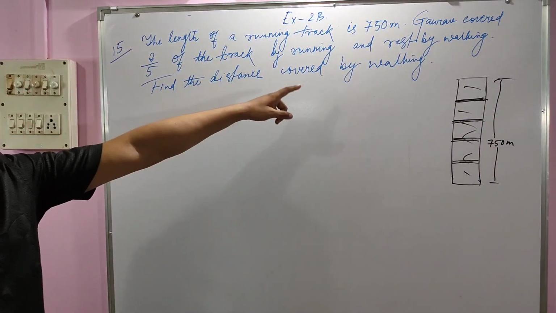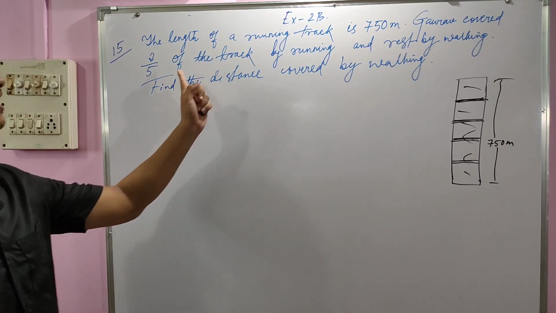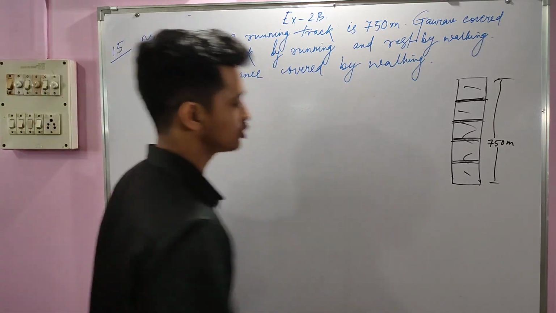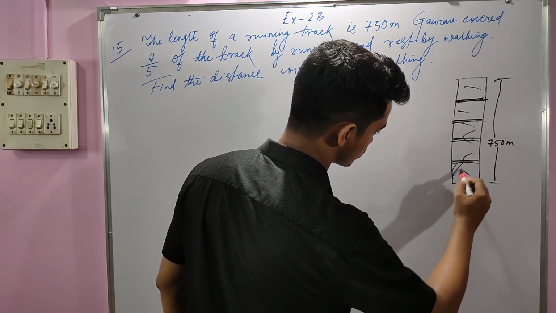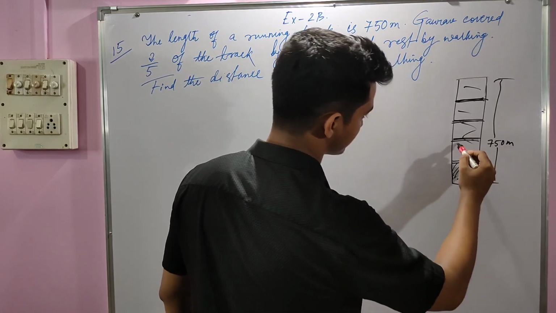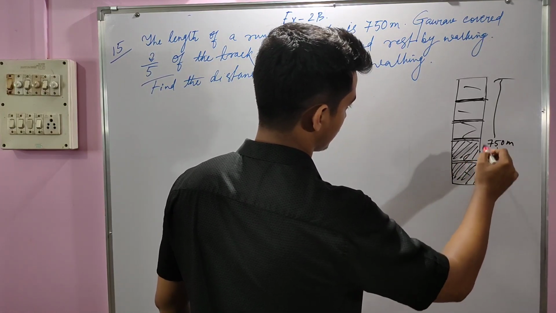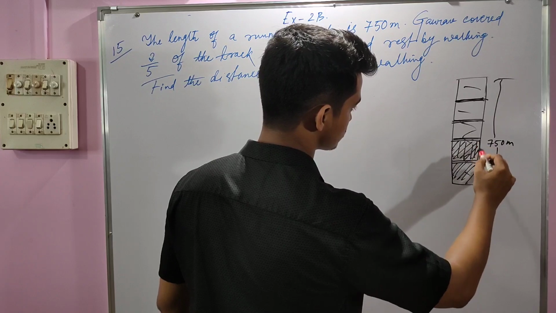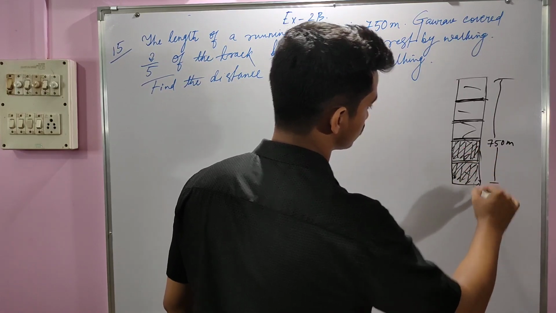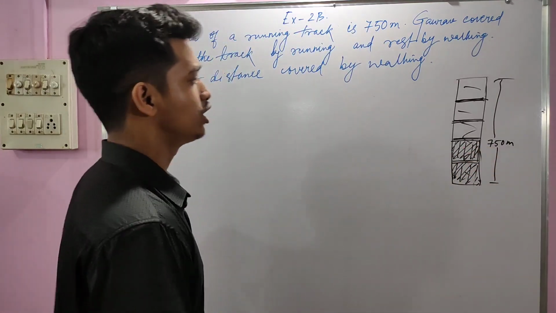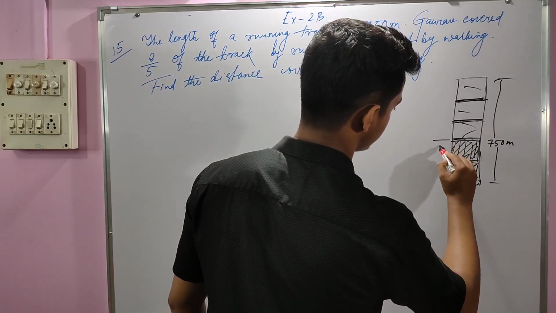So in this question, Gaurav covered 2 by 5 of the track by running. So 2 by 5 means what? The first portion and the second portion. He covered these two portions through running, right?